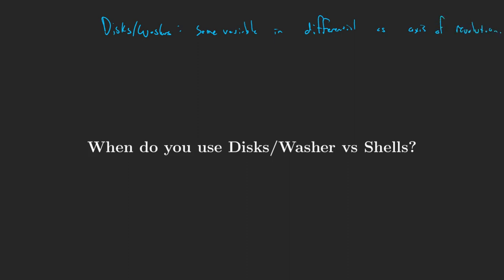What I mean by that is if you're using the x-axis, you're going to be integrating with regard to x, right? Because you have some sort of an axis here that you're revolving around. We set up our cross sections perpendicular to the axis. So our differential, our short side, the delta, is running the same way as our axis.